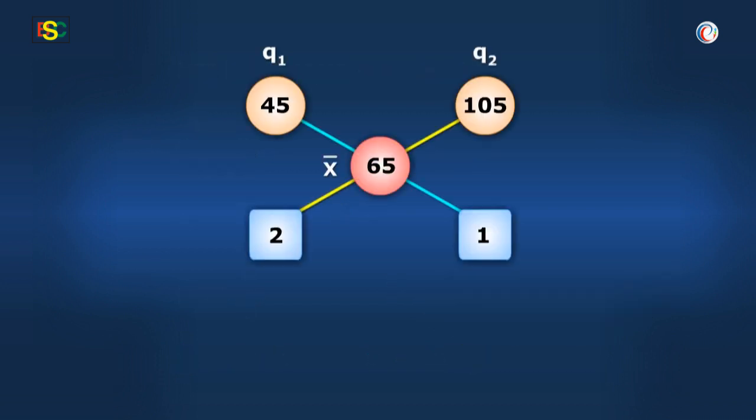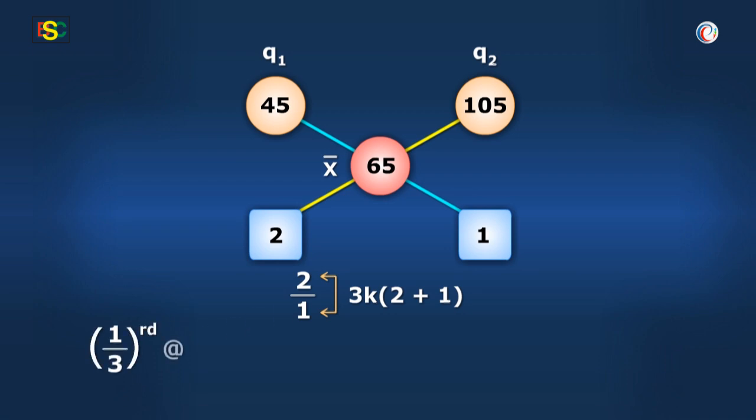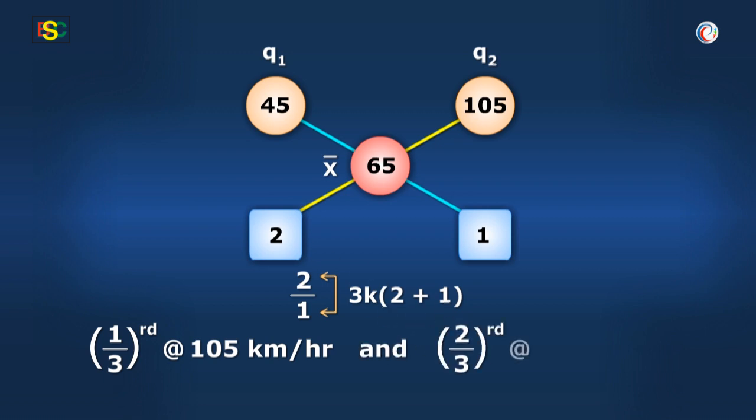And in our case, out of total time of 3K, the person traveled 1/3 at the rate of 105 km per hour and the remaining 2/3 at the rate of 45 km per hour.